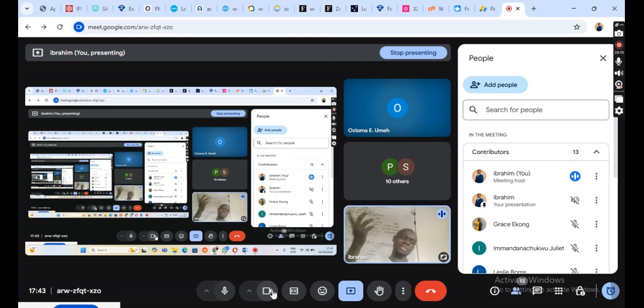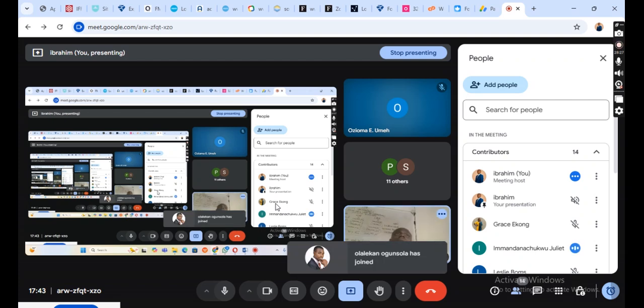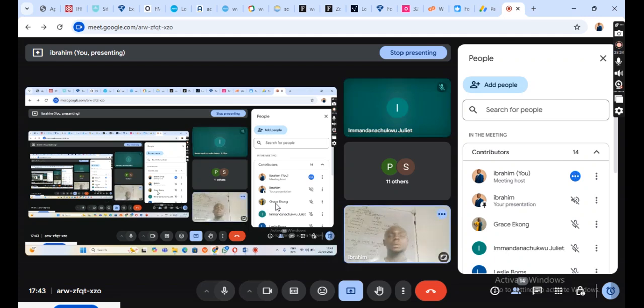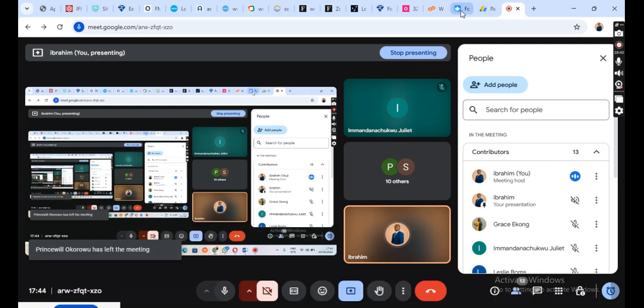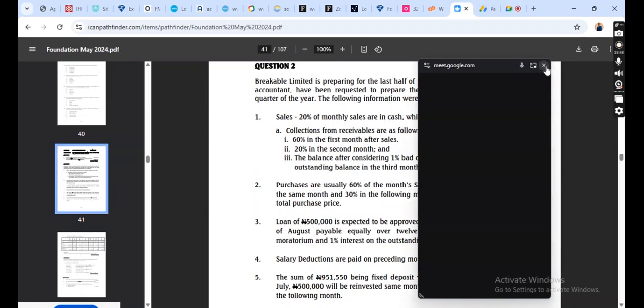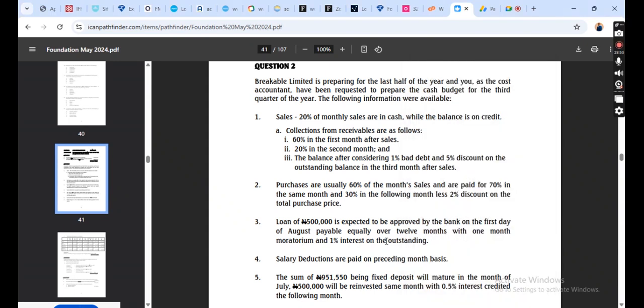What is the 1%? 5,000. With 1 month moratorium and 1% interest on the outstanding.